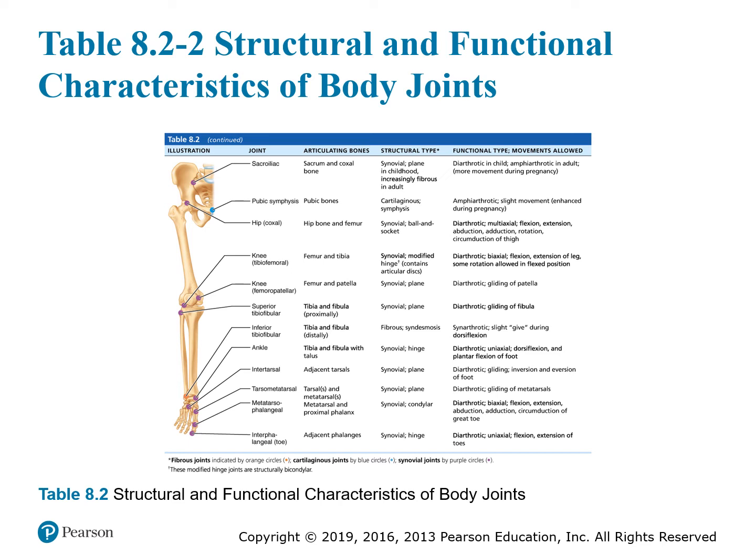The pubic symphysis consists of the two pubic bones. These are cartilaginous joints that come together via a symphysis. Functionally, they are amphiarthrotic with slight movement, which again is enhanced during pregnancy. The hip joint, or the coxal joint, is made up of the hip bone and the femur.